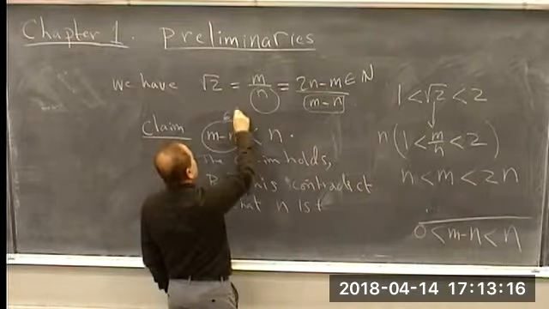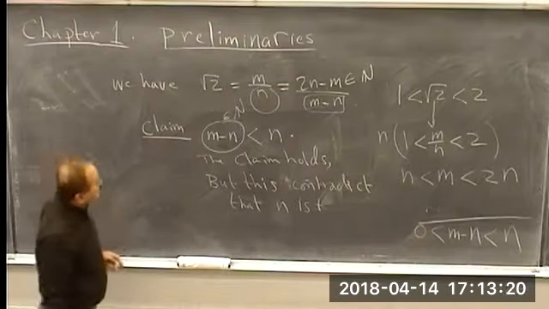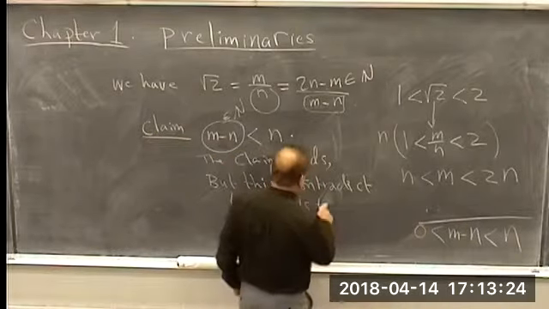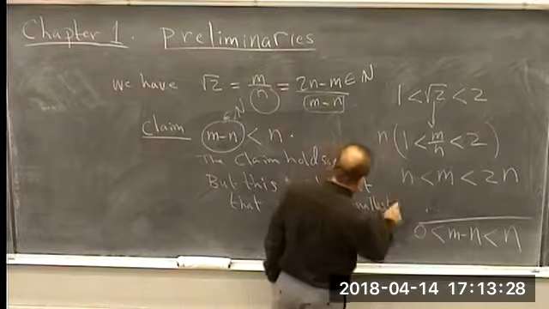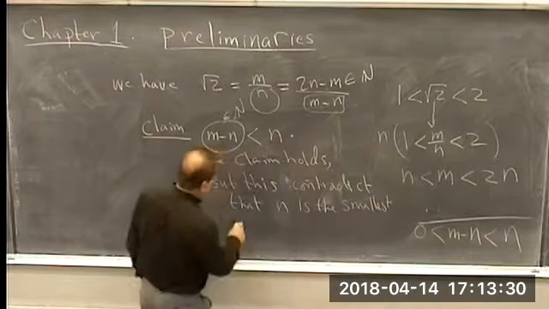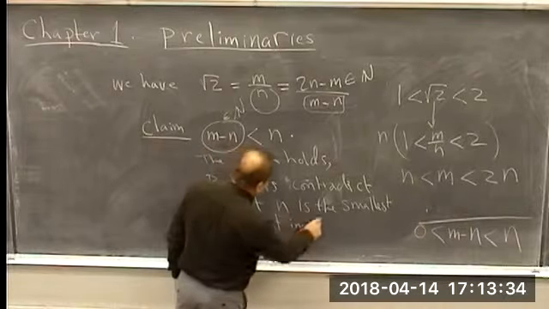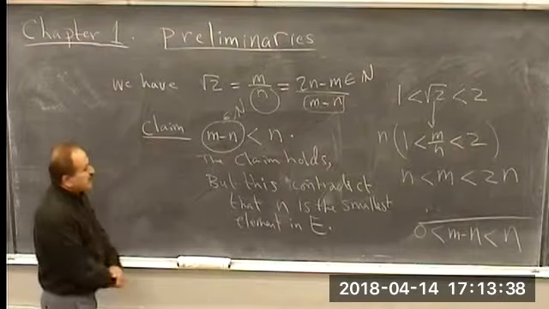This is actually a natural number, all right? So this one contradicts that n is the smallest element in A. All right. Well, something went wrong then.